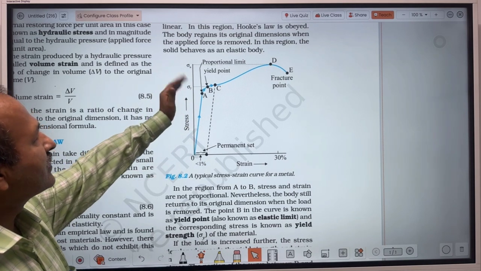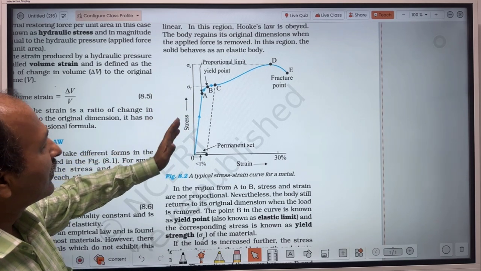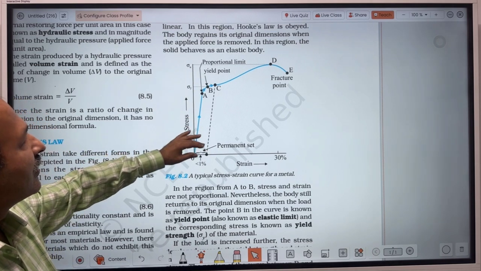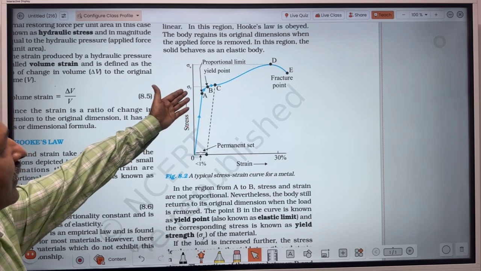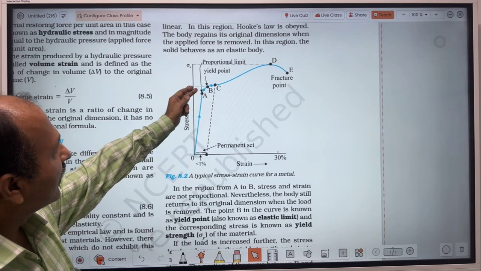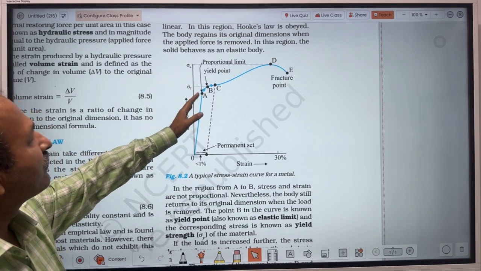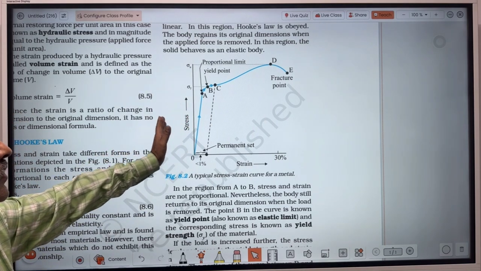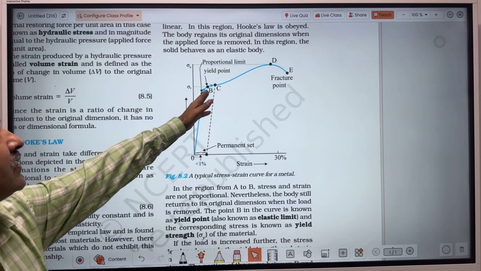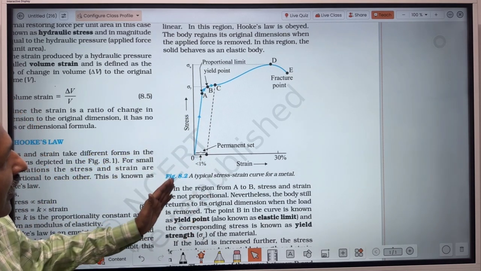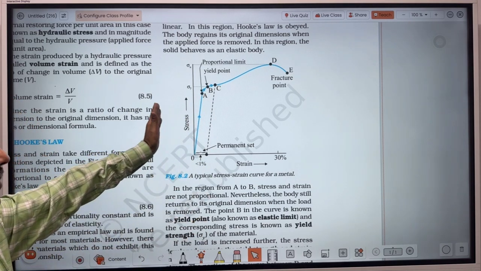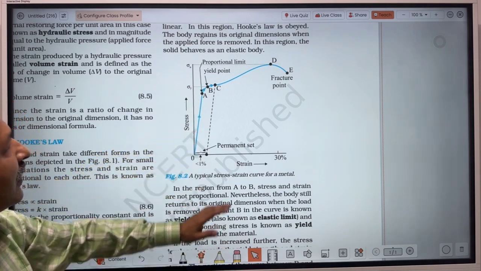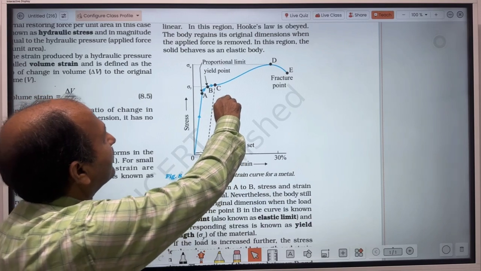Again we increase the stress, then there is more increment than the proportional limit in the length. Then this is the yield point, and after that, if the wire is further subjected to stress, it reaches point B, and after that it will not come back to its original position, it will have permanent extension.